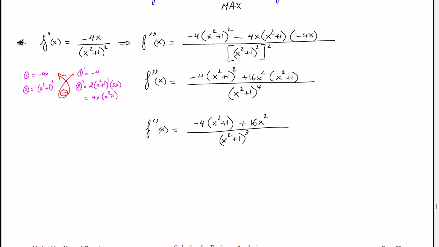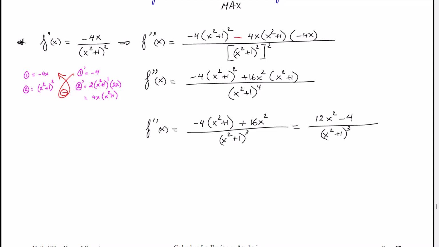So that's the derivative, a little bit cleaner. And now finally I'll just multiply and combine like terms in the numerator. So on the numerator I'm going to have -4x squared minus 4 plus 16x squared. That's the same thing as saying 12x squared minus 4 instead. And on the denominator, I can just leave (x squared plus 1) with the power 3.